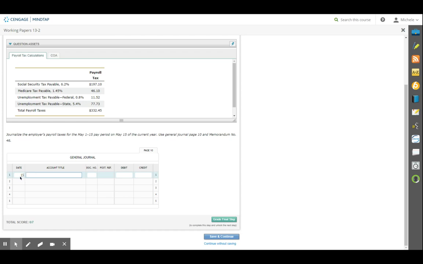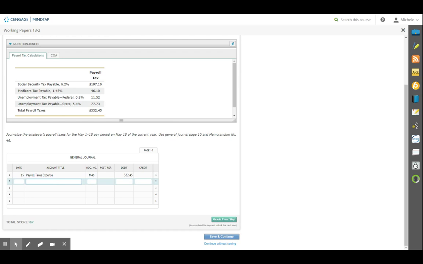The debit is the expense. We're going to put payroll taxes expense. And our document number, it's going to be memorandum 46, and that's going to be our debit. And that number is going to be here, our total payroll taxes, which was $332.45.